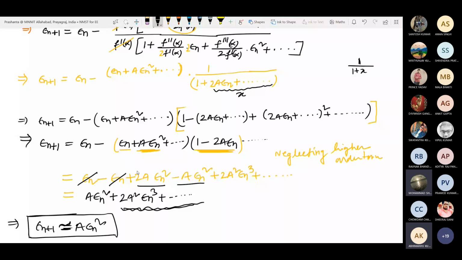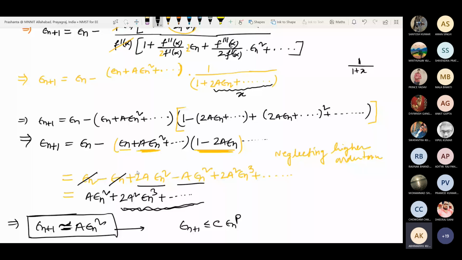On the left hand side, the error in the (n plus 1)th iteration is equal to a times the second power of the error in the nth iteration. So if you compare this with the definition, epsilon n plus 1 less than or equal to c times epsilon n power p, that will tell you p equals 2.